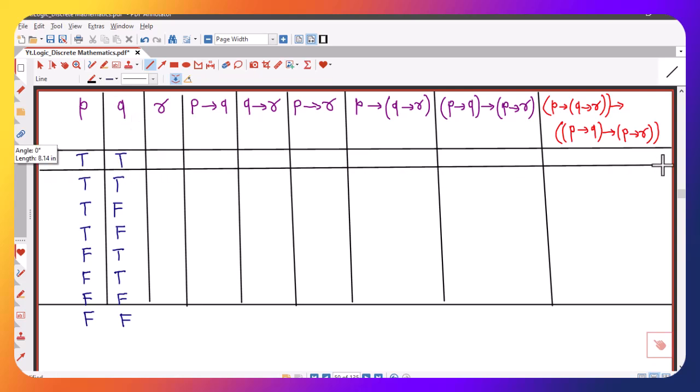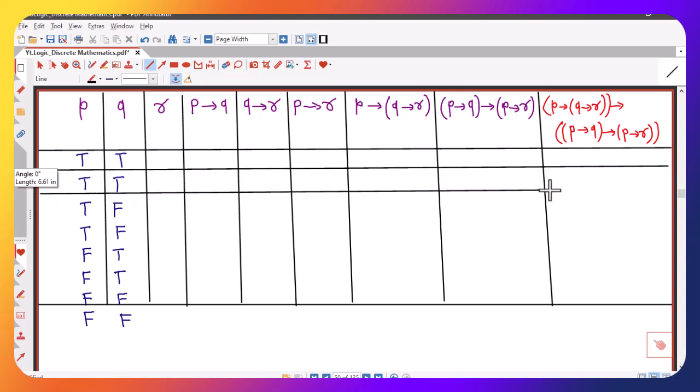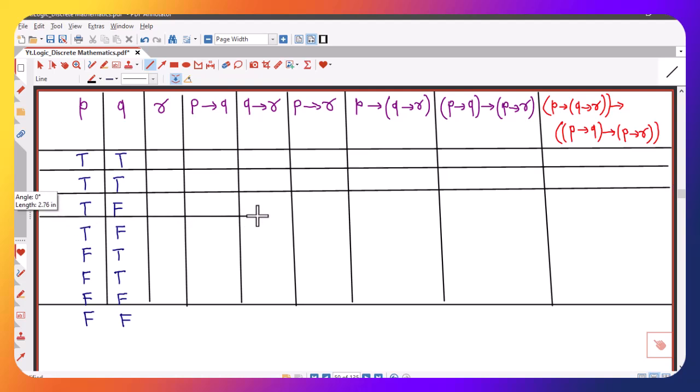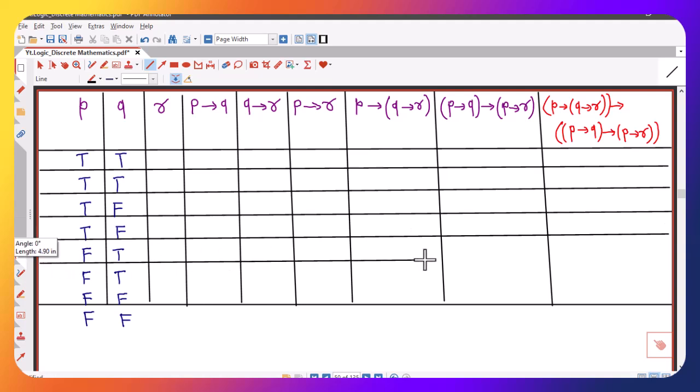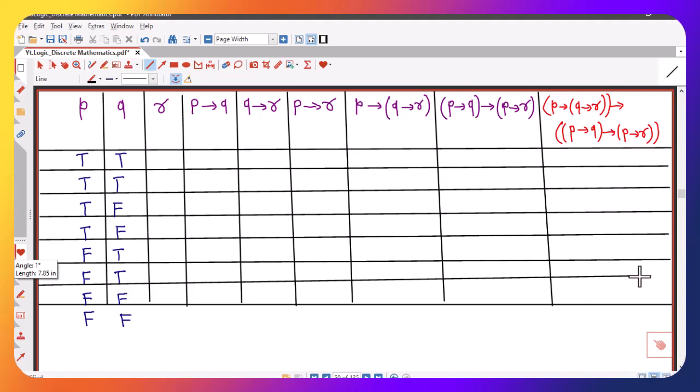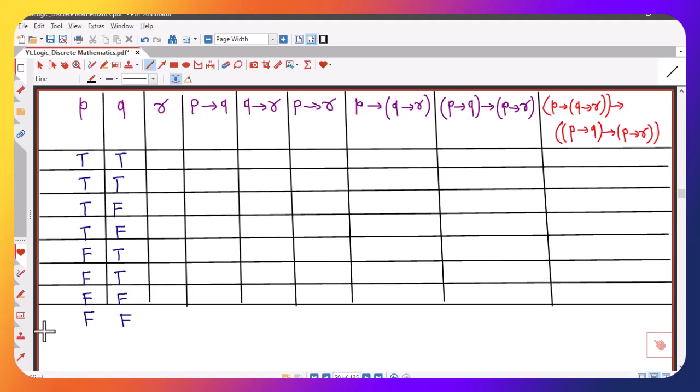This is the first row. We have 3 statement variables P, Q, and R. Therefore the possible combinations are 2 to the power 3, that is 8 possible combinations, and we can see that there are 8 possible truth values for P as well as Q, which we have obtained using the Cartesian product.